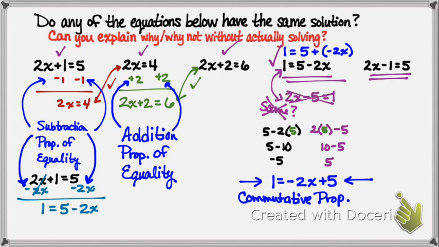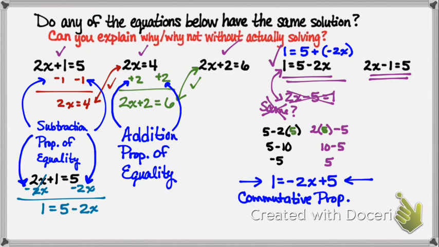Let's look at the second one over. What would you do to solve that? Divide both sides by 2. So x is what? 2. What happens if I put 2 in for x here? 4 plus 1, which really is 5. What about if I put a 2 in for x here? 4 plus 2 is 6. What about if I put a 2 in for x here? 5 minus 4.